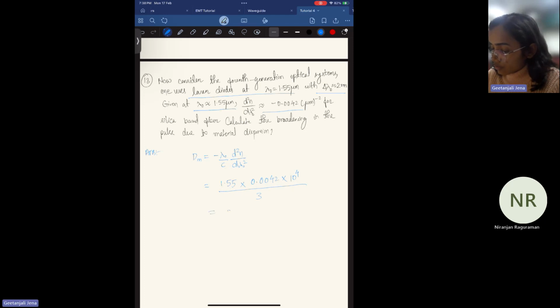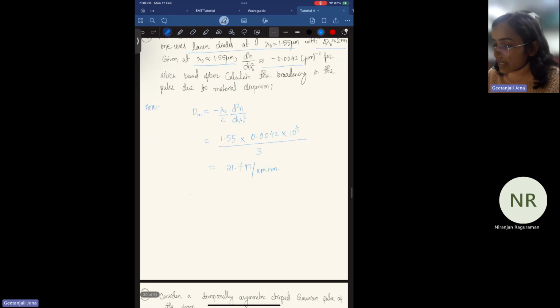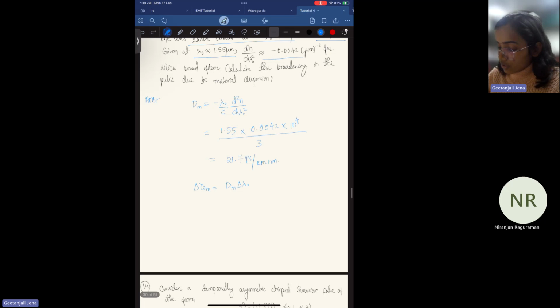This will give 21.7 picosecond per kilometer nanometer. So what will be delta tau now? Delta tau will be Dm multiplied by delta lambda 0, which is 21.7 into 2 nanometer, which will come around 43 picosecond per kilometer.